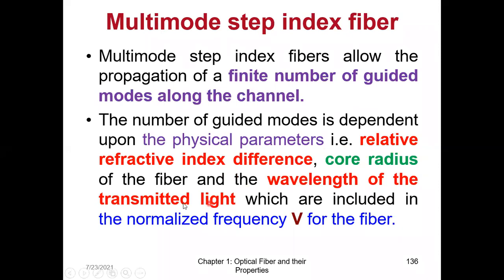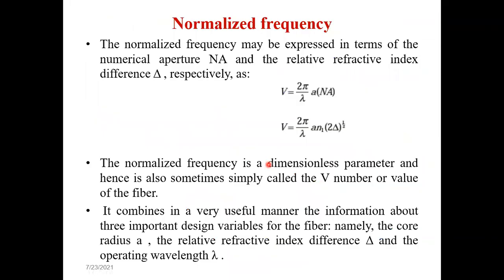And the interrelation of these three is defined by the normalized frequency. If an objective question comes on which parameters the number of modes depends, in one option you will find all three. In the other options, there will be some other terms. So you need to remember these three things: relative refractive index difference, core radius, and the wavelength of transmitted light. All these will decide the number of modes.